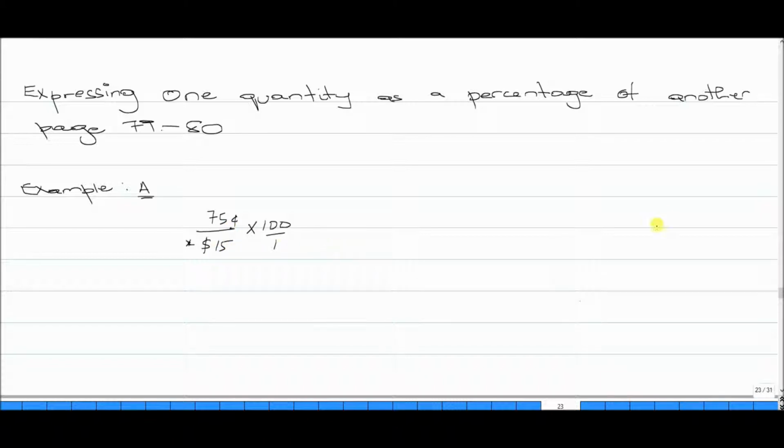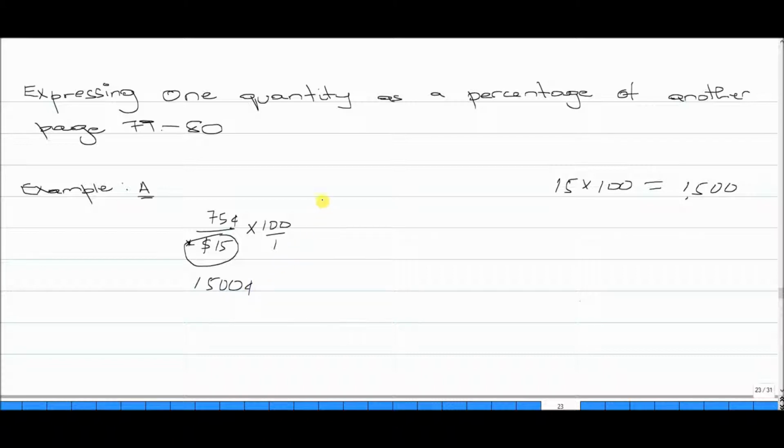How would we do that? If $1 has 100 cents, we just multiply using our knowledge of multiplication by powers of 10. We would simply add two zeros to our 15 and we have 1,500. So where we have $15, we would write 1,500 cents.